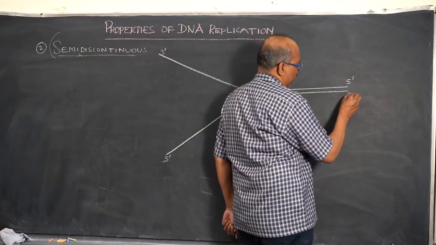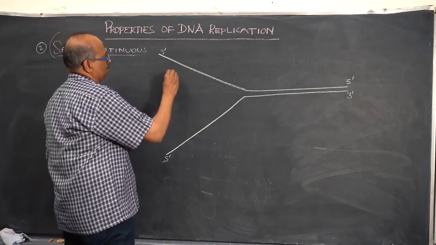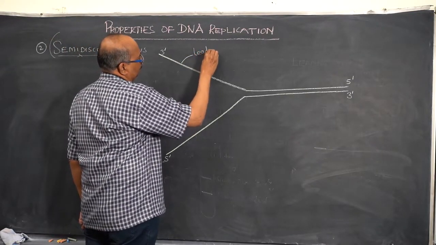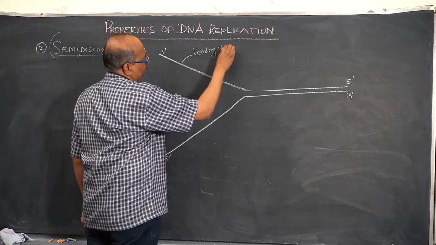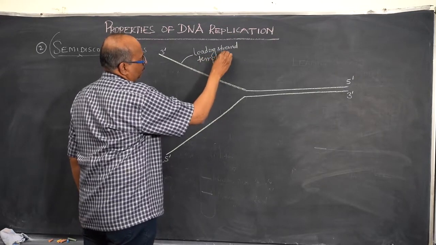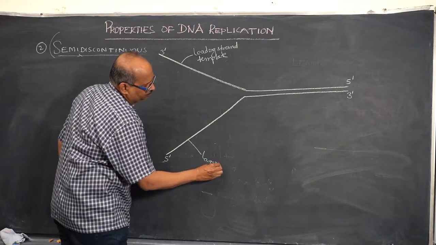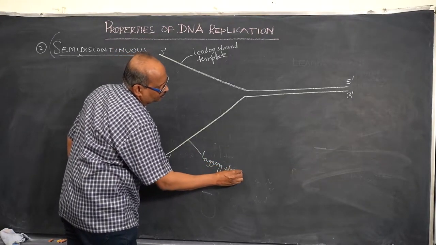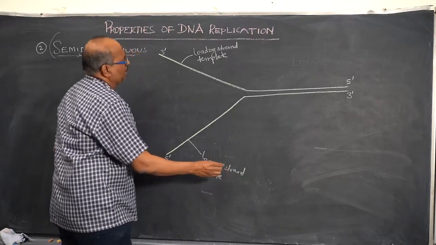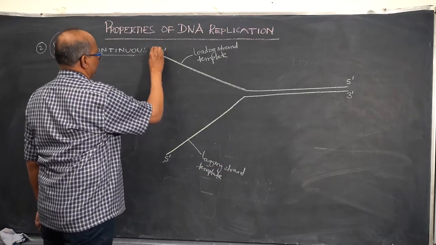It should be 3'. So these are template strands. So we call this as leading strand template. This we call it as lagging strand template. The place where actually the replication begins is called origin.